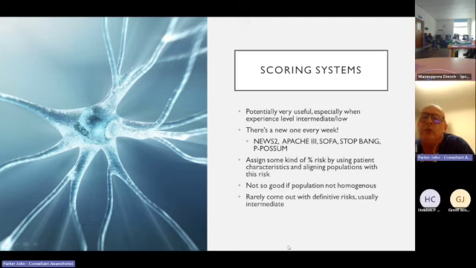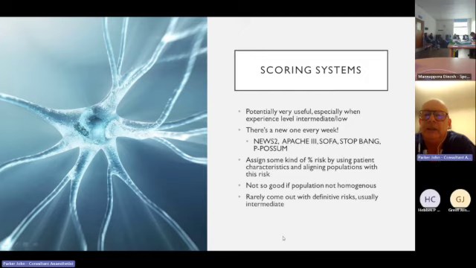Within that population, there may be other factors about them that the scoring system hasn't taken into account that makes their risk higher, and as an experienced clinician, you might actually be able to quantify that. So it might put you in the right sort of ballpark for percentage risk for patients, but I wouldn't use it fundamentally to decide what to do with individual patients, but it might help frame conversations, it might help frame thinking.